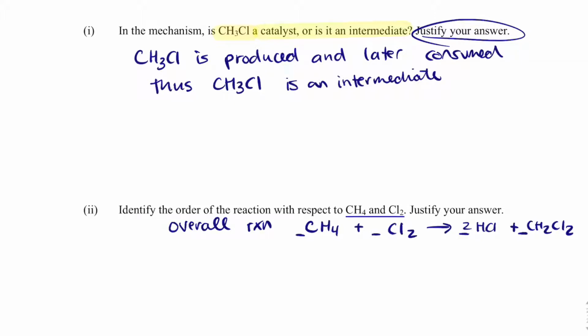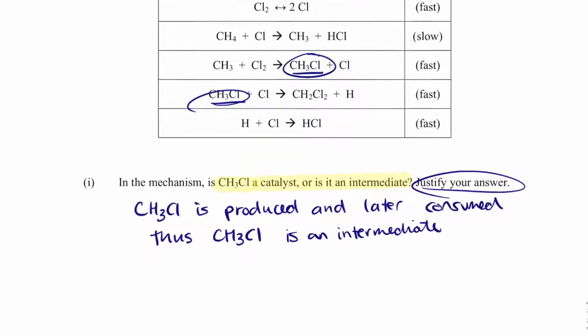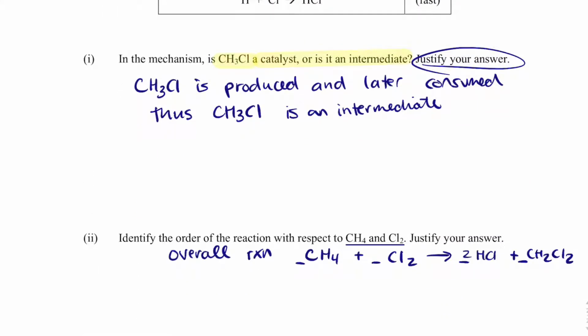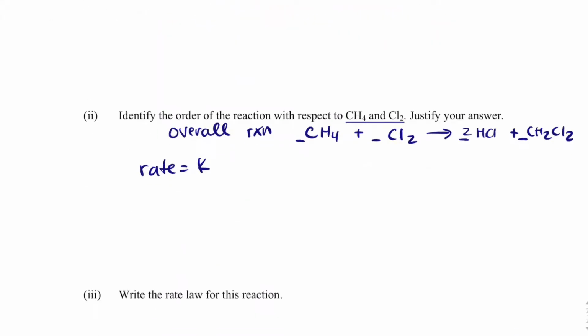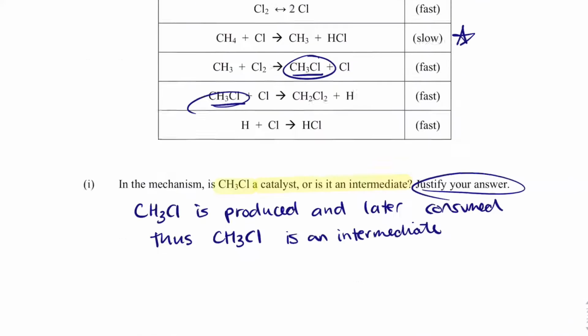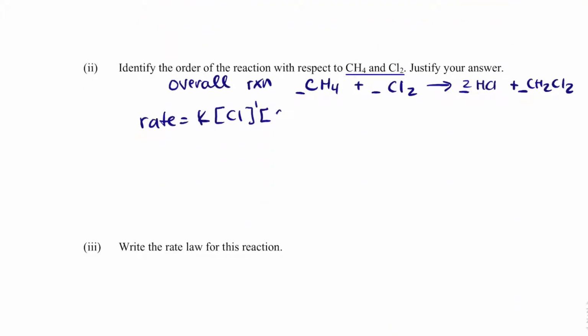And what I need to do is find my slow step. This is just asking me for the rate law. So it's going to be rate is equal to K. Here's my slow step. Cl to the first power, and then CH4 to the first power.